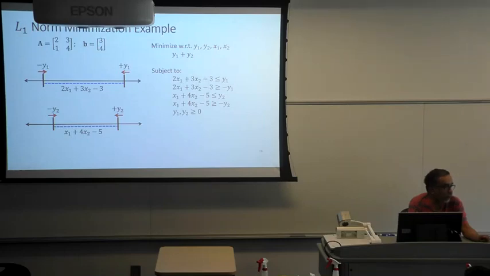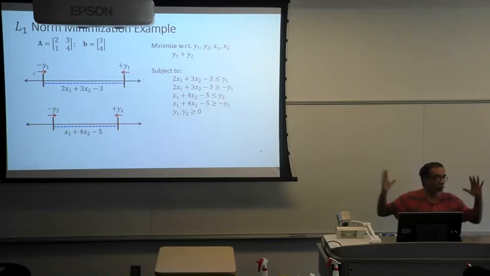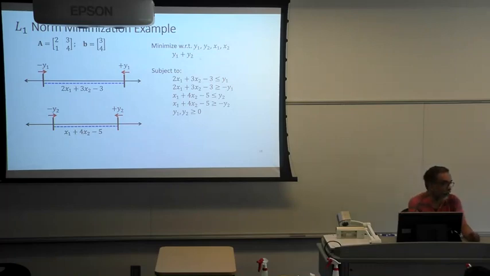So from these two constraints, we get this figure. So y1 and y2, y1 plus y2, we are trying to minimize. So the algorithm is trying to push them closer to the origin. Okay, so this is what's happening. So this is the direction in which the algorithm is trying to move the y's.